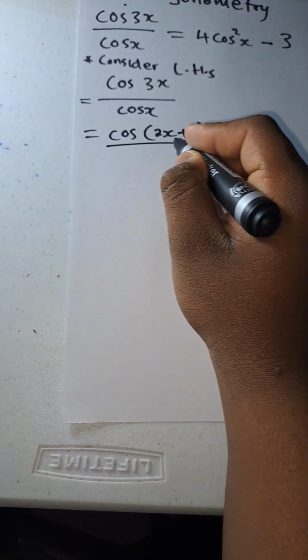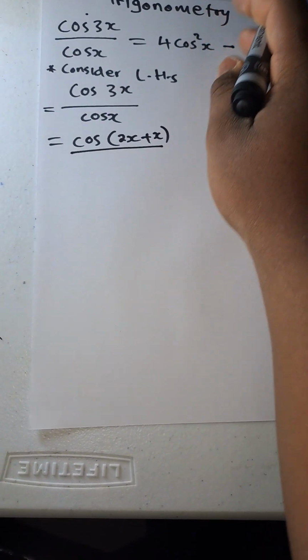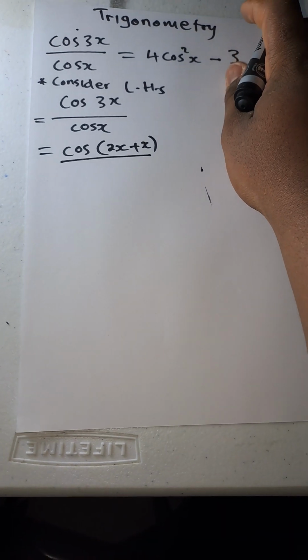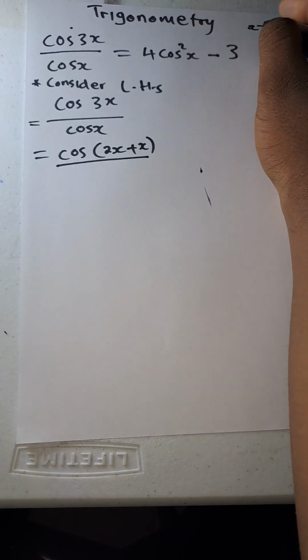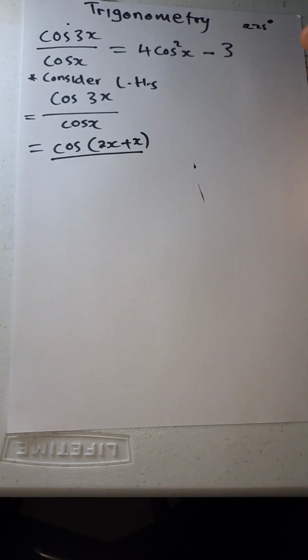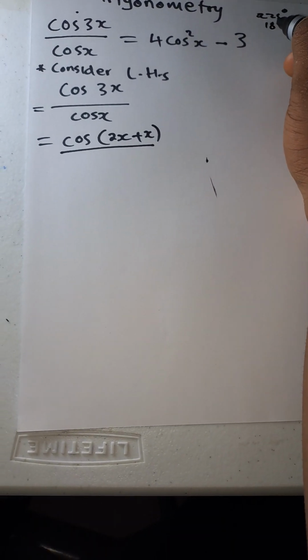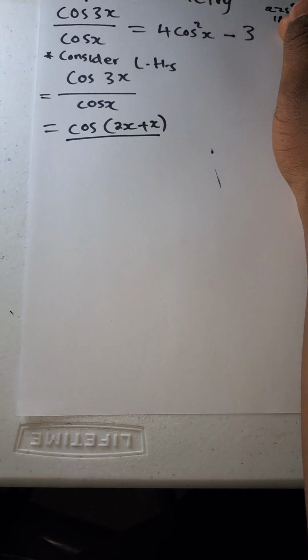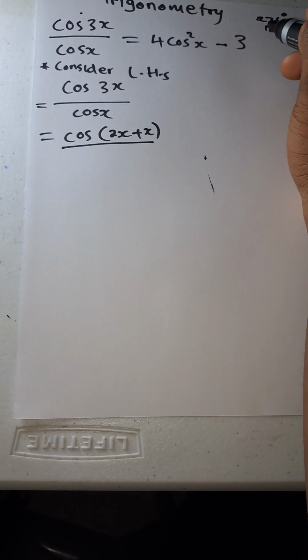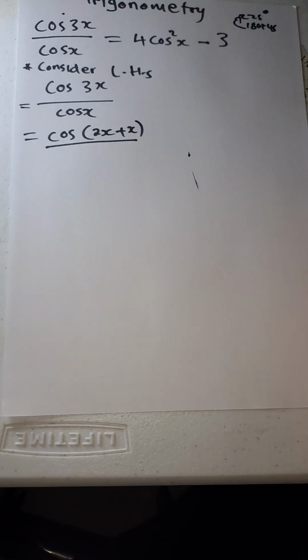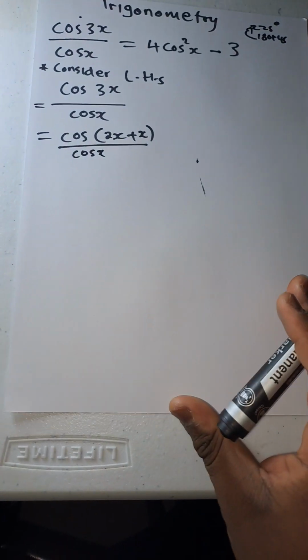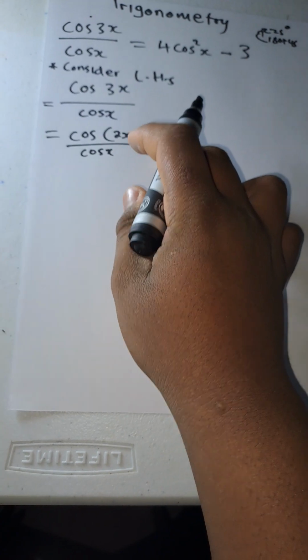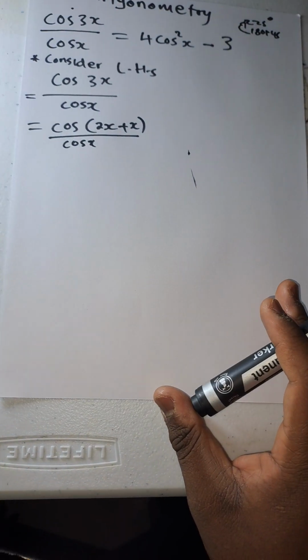Remember in trigonometry, if you are given maybe 225 degrees, remember your reduction angles, you are allowed to do what? 180 plus 45. That 180 plus 45 is gonna take you back to 225. That's how we do trigonometric equations. I know that 2x plus x is 3x there. Is it fine?